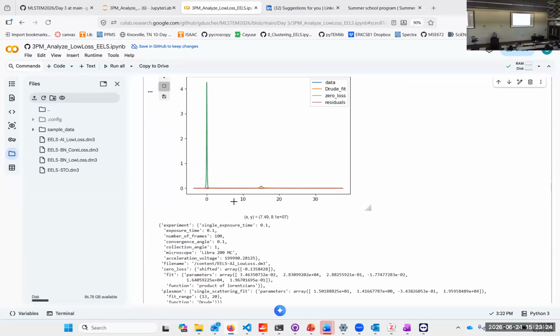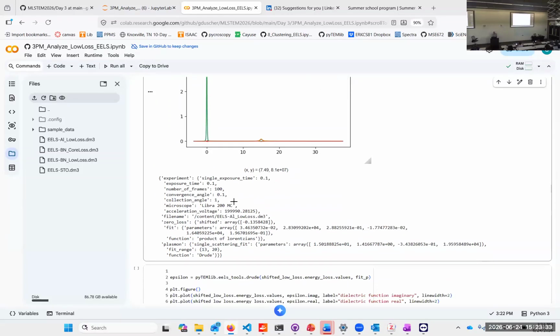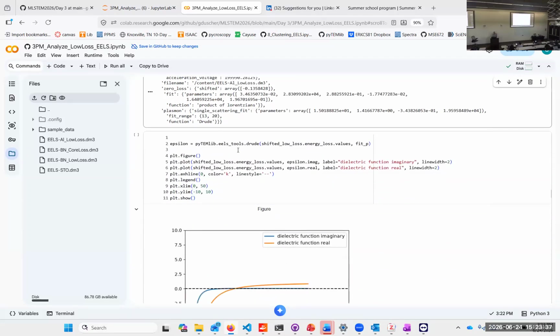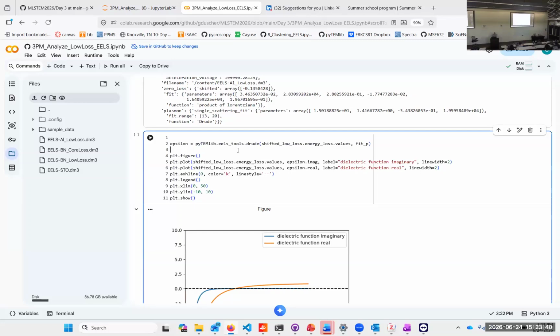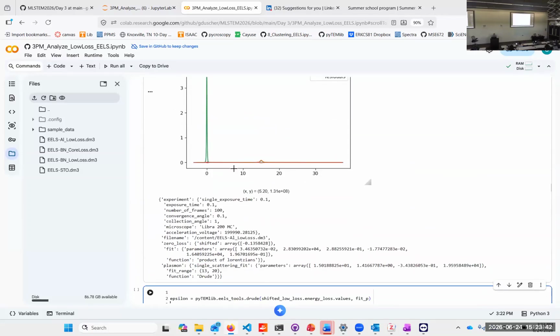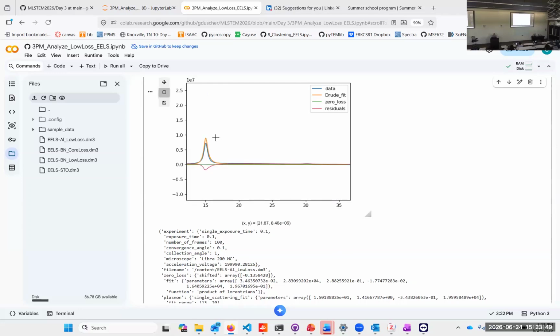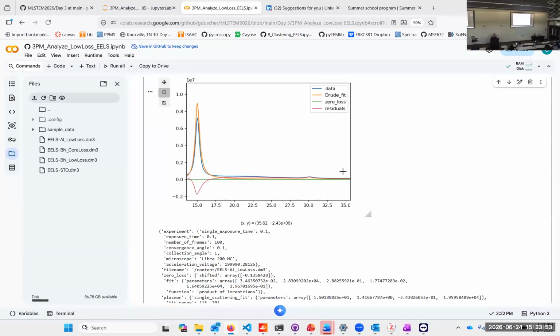So now we have fitted the zero loss peak and the plasmon peak. As I said, the plasmon peak can be asymmetric due to bonding, and we also get the single scattering fit of that. But we have to look a little bit more carefully. We have another peak here.